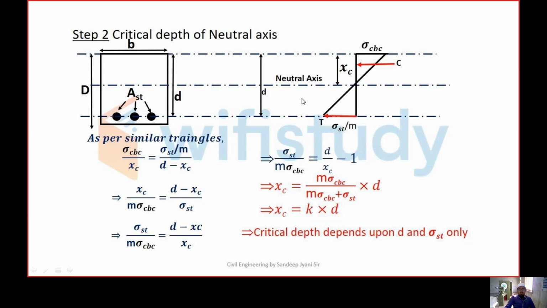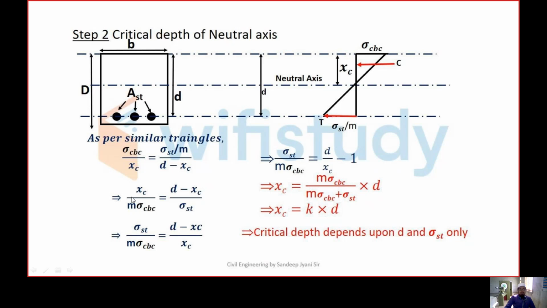From the properties of similar triangles, what happens? Horizontal length by vertical length is equal to horizontal length by vertical length. Likewise, we can write this formula, and from this formula the equation comes in the next step.